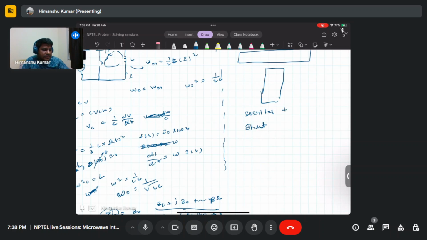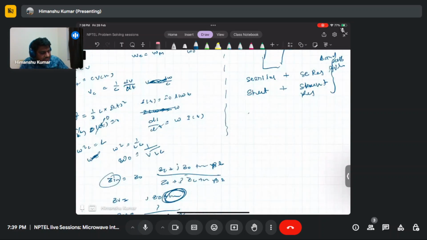If you combine a series line resonator with a series resonator, and also combine a shunt line with a shunt resonator, then this behaves as a band pass filter. Similarly, the other way, if you combine a series line resonator with the shunt line, then it will behave as a band stop filter.